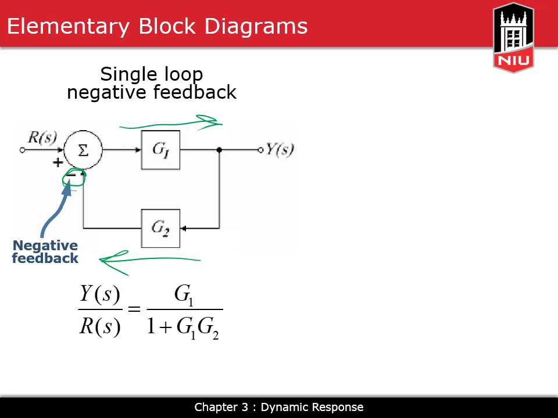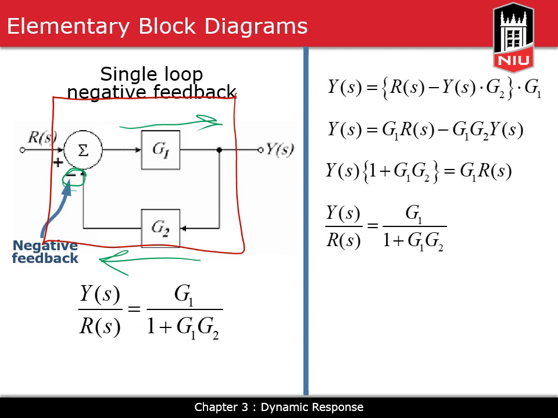The equivalent transfer function, which is the transfer function that we can put in this red block if we want to replace that feedback loop with just one single block, would be G1 over 1 plus G1 times G2.